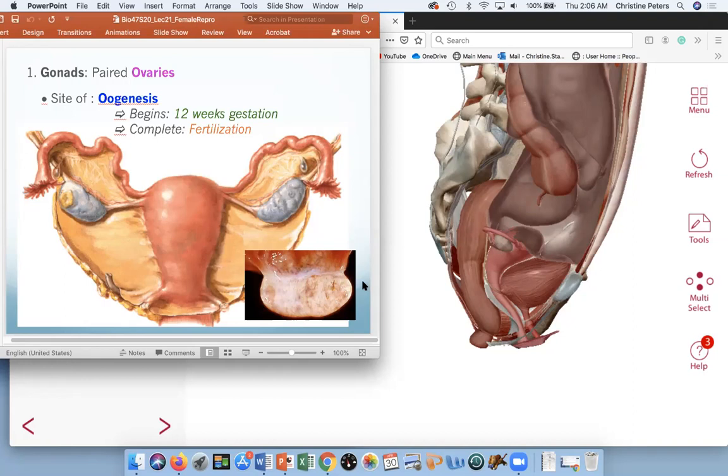This is a view of the female reproductive system. We're looking at it from that posterior view. Oh, sorry, this is really late. We have the uterus in the center, and we have the 2 ovaries on either side. I can tell we're looking from a posterior view because the ovaries are not visible from the anterior view very well.